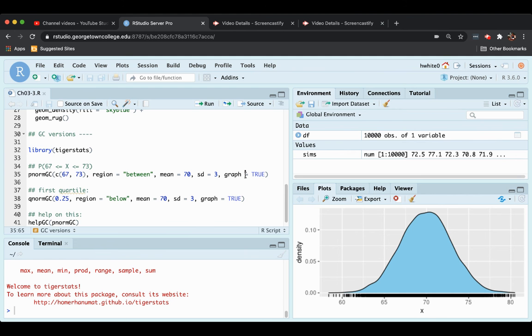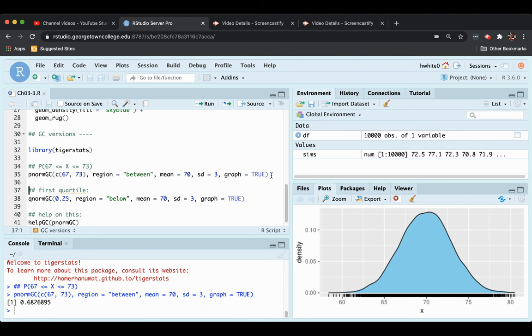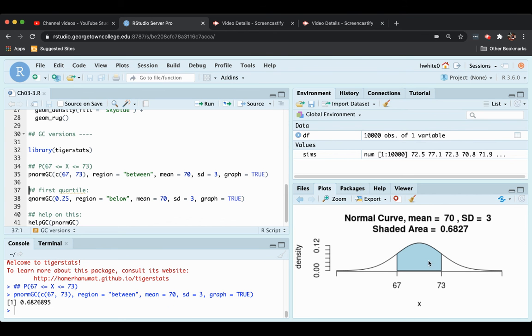And if you want to see more than just a numerical answer, say graph is true. And run it. And here's your 68%, just like with the previous computations using the regular pnorm. But over here, you see that this shaded blue area represents the 68% chance.